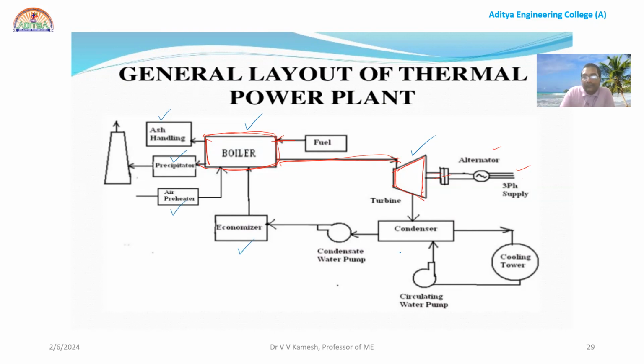And there is a condenser, a condensate water pump, and circulating water pump, cooling tower, right? There are subsystems, right? So to make your actual main item work in a better way, we are having subsystems, and the efficiency of the subsystems will affect the efficiency of the main plant.